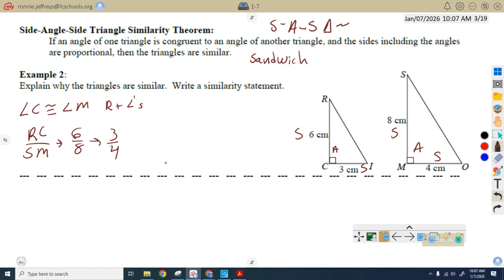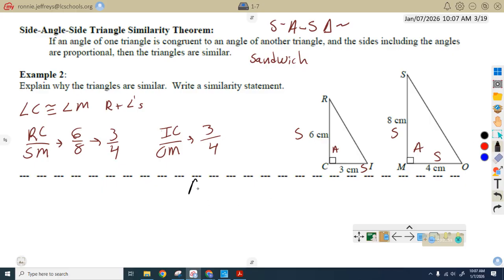So, let's see. We'll do IC because I like a good IC, and then OM. So, it is 3 over 4.